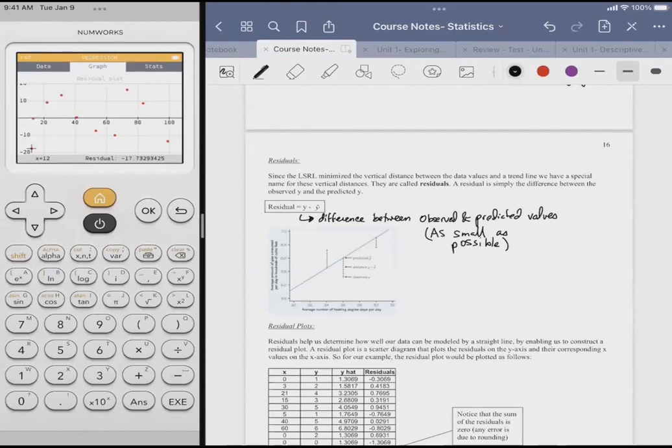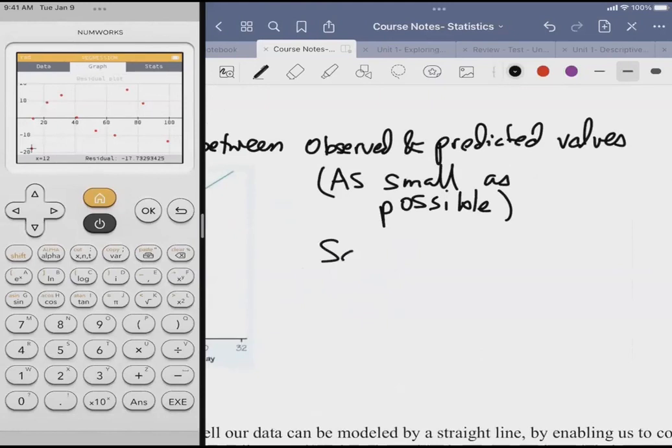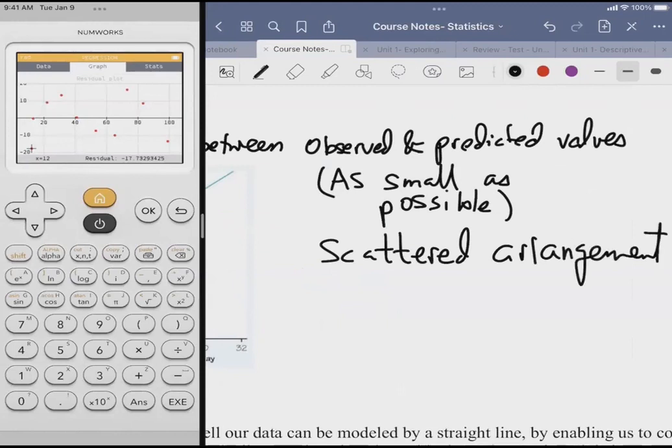All right, so scattered arrangement. Apologize for the handwriting. I'm writing with my finger right now because my Apple Pencil died.